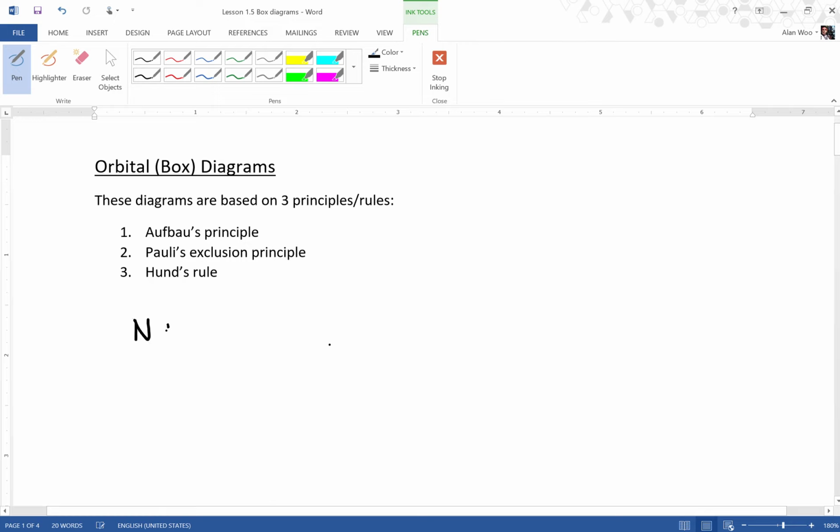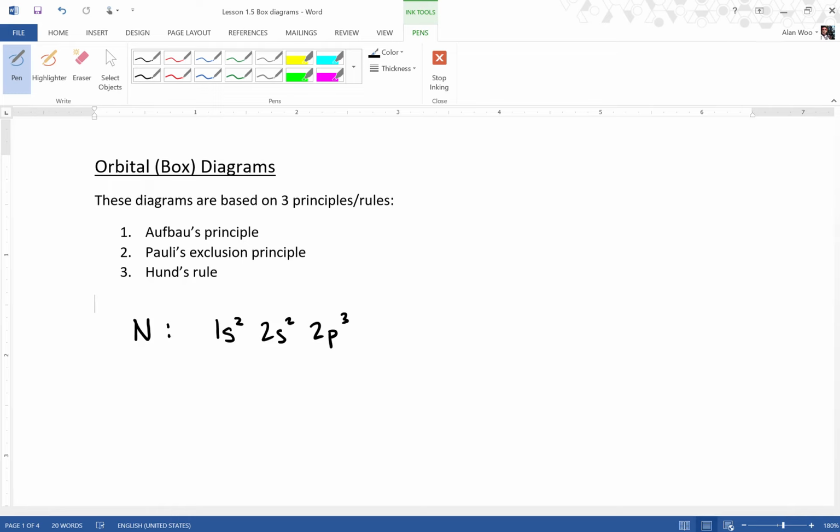If we look at nitrogen's electron configuration, we're going to start with the expanded form: 1s2, 2s2, 2p3. Nitrogen has a total of 7 electrons, and through the electron configuration, we can tell which orbitals these electrons are occupying and at what principal energy level or quantum number they're at as well.